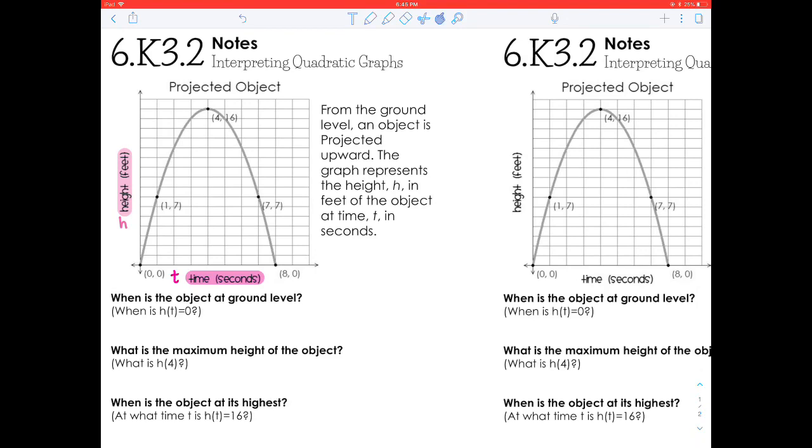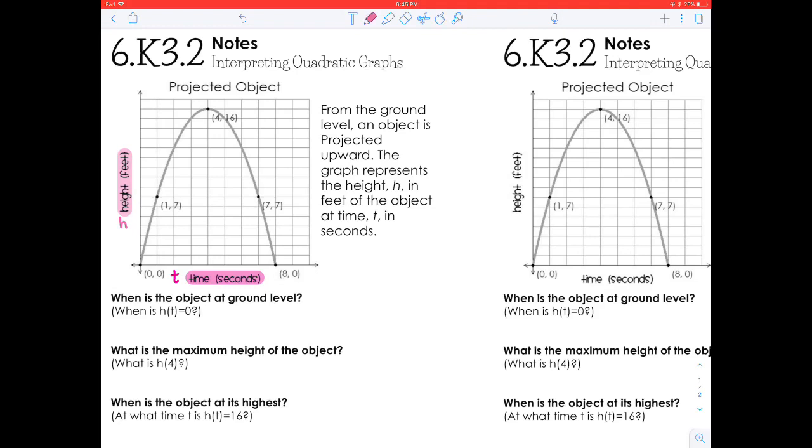So let's talk about this graph, thinking about just some random object being projected. It could be anything you want. So the first question is, when is the object at ground level? So this is asking when.